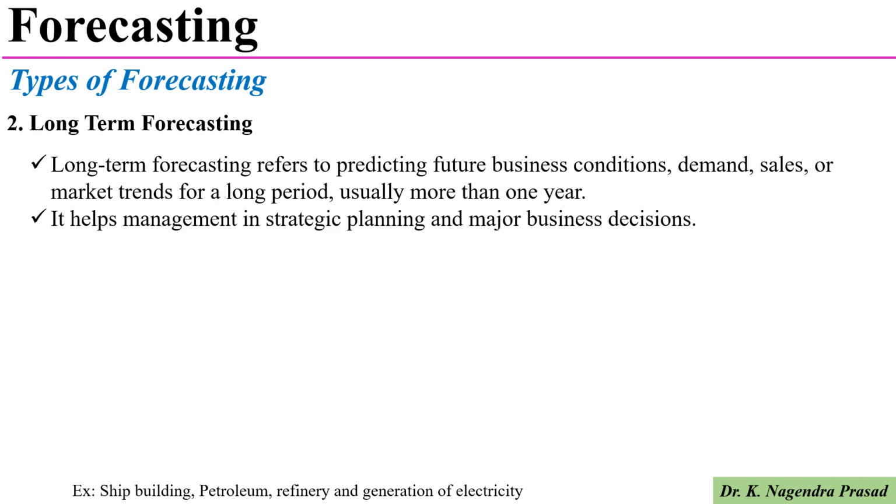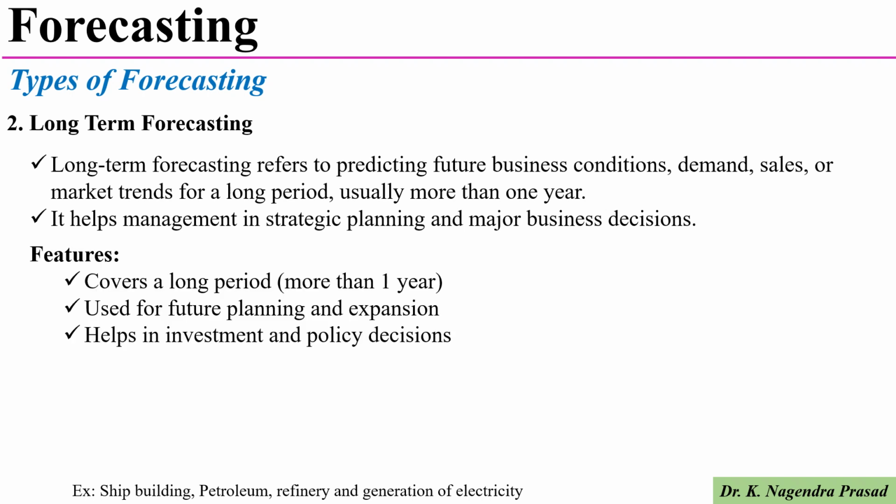Next we will discuss long-term forecasting. Long-term forecasting refers to predicting future business conditions, demand, sales or market trends for a long period, usually more than 1 year. It helps management in strategic planning and major business decisions.